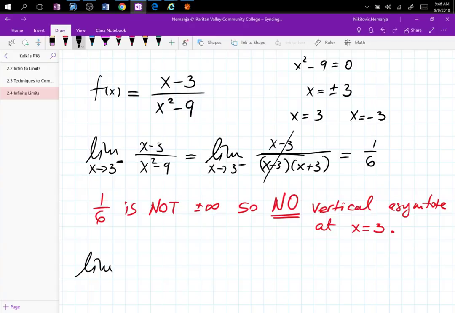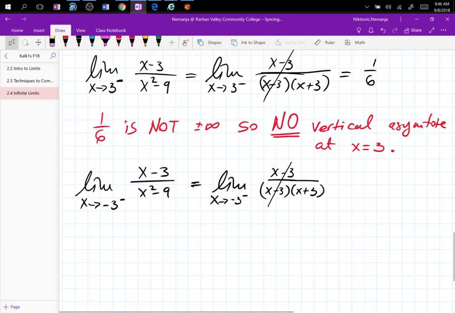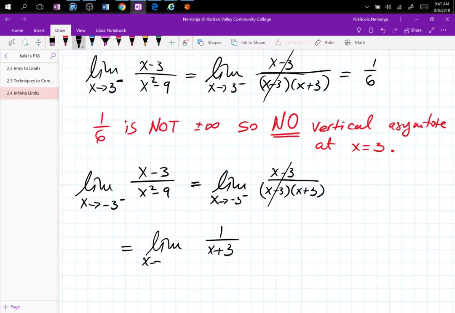So, limit x approaches negative 3 minus, from the left, right, of x minus 3 over x squared minus 9. Cancel again. Limit x approaches negative 3 minus x minus 3 over x minus 3, x plus 3. This cancels, and we get to the statement like this.